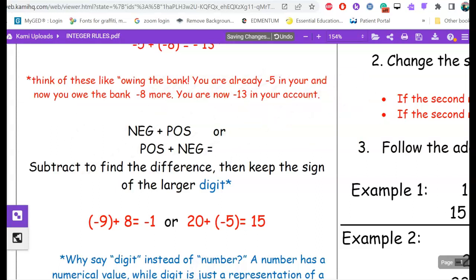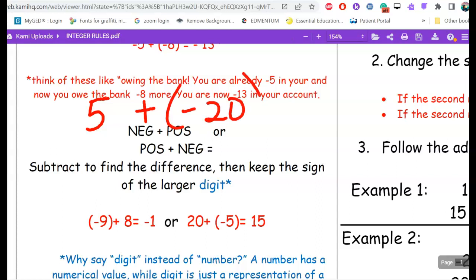Oh, here's something too. Check this out. Let's say, for instance, that it was written like this. I have 5 plus a negative 20. So again, you still have a positive plus a negative or a negative plus a positive, so we subtract to find the difference.